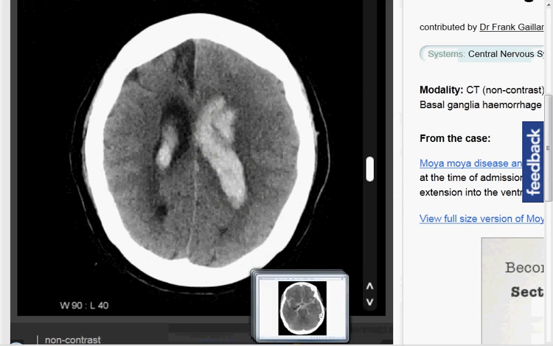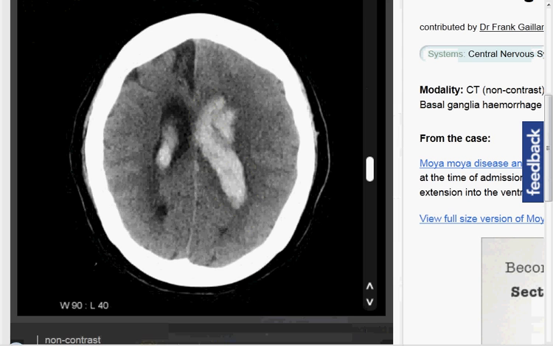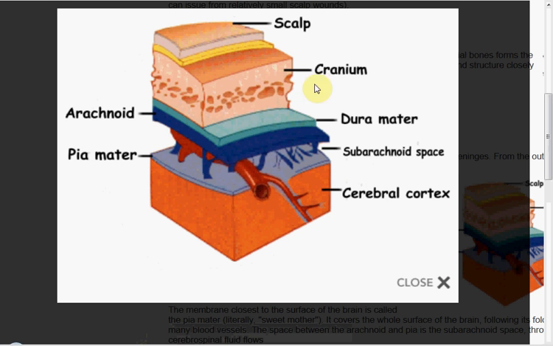Okay, so let's summarize. We have looked at extradural bleeds. These are usually arterial, associated with fractures, and present acutely. We looked at subdural bleeds. These can be acute or chronic. These are usually venous and may result from sometimes a trivial head injury, which may be up to several months ago.